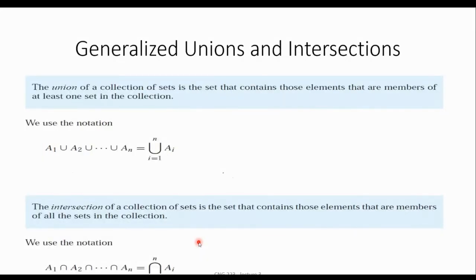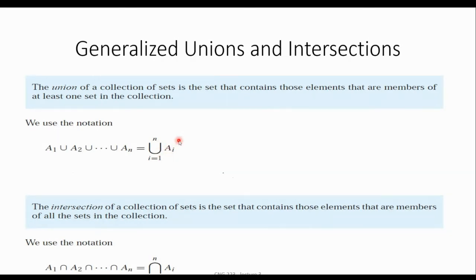If you want to talk about not just two sets, but many sets, or maybe even 3 sets, then you can generalize what we talked about for unions, and you can show it by this notation. Like for example summation, whenever you use it, you use the starting point and the end point. This is the same scenario. You can say from 1 to n, just consider the operation union.